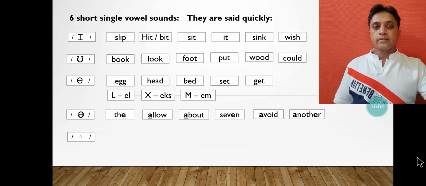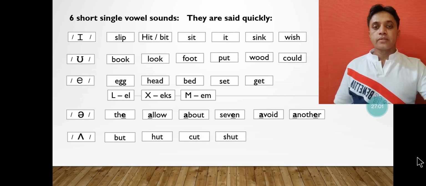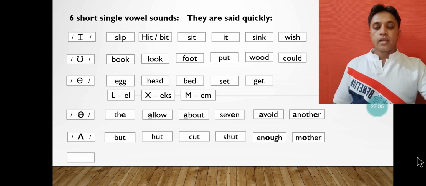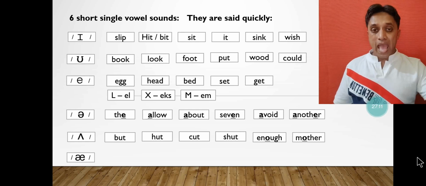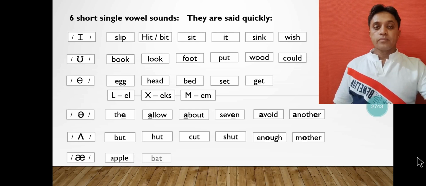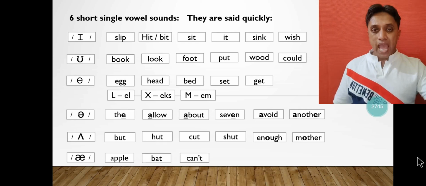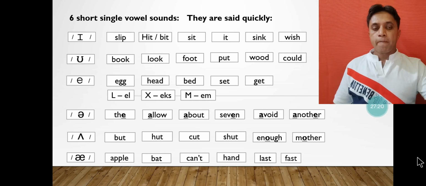And the next is like but, hut, cut, shut, enough, mother. And the last short single vowel sound symbol is this: apple, bat, can't, hand, last, fast, pass, and glass.